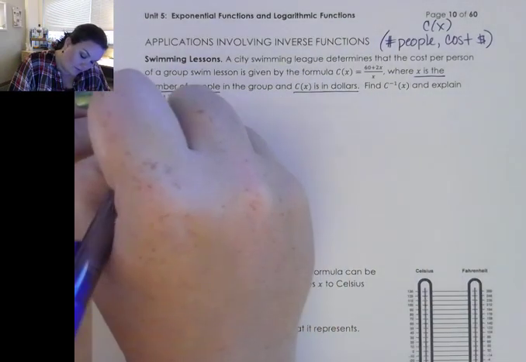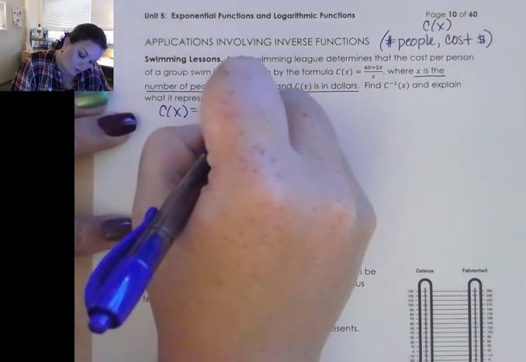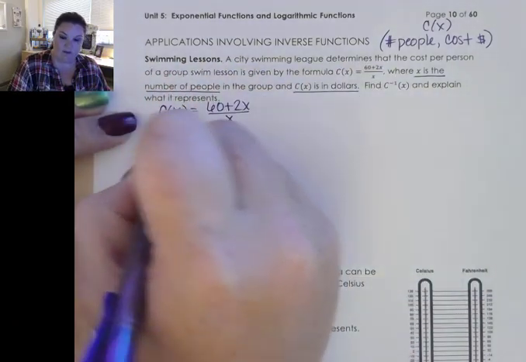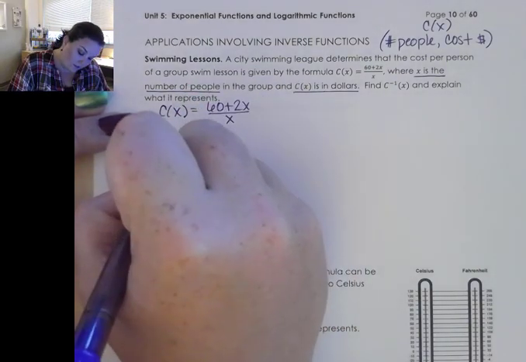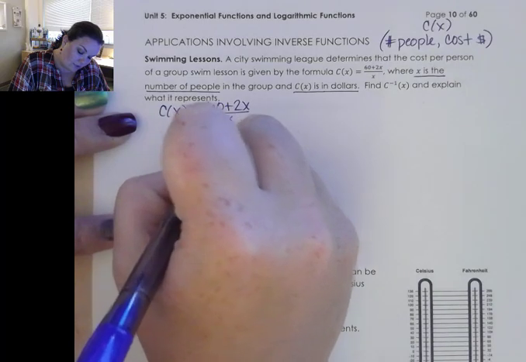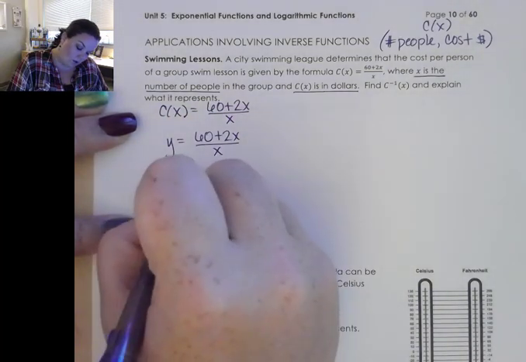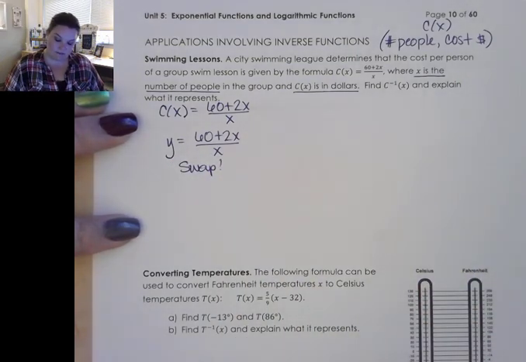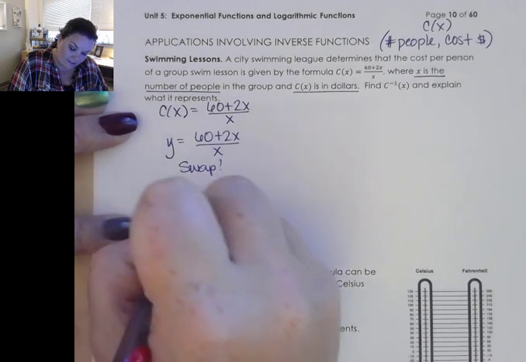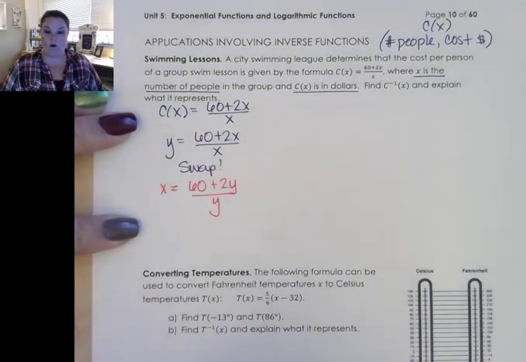I'm going to take my function c of x, which is equal to (60 plus 2x) over x, and I'm going to make it so that I don't have function notation. I'm going to write a y here. So I have y equals (60 plus 2x) over x, and then I'm going to swap all my variables. When I swap my variables, I end up with x equals (60 plus 2y) over y.